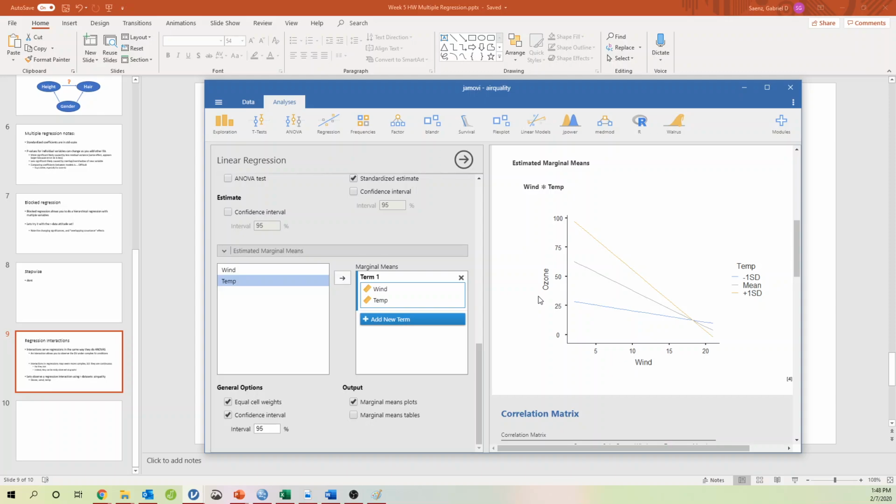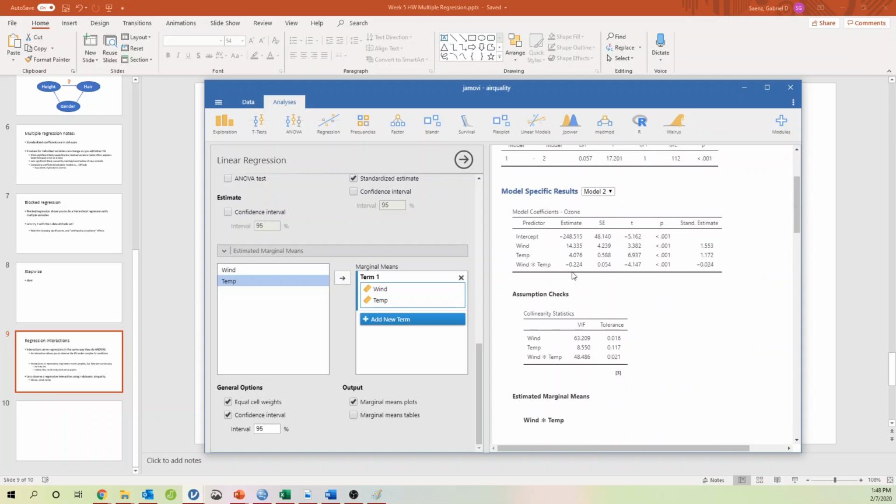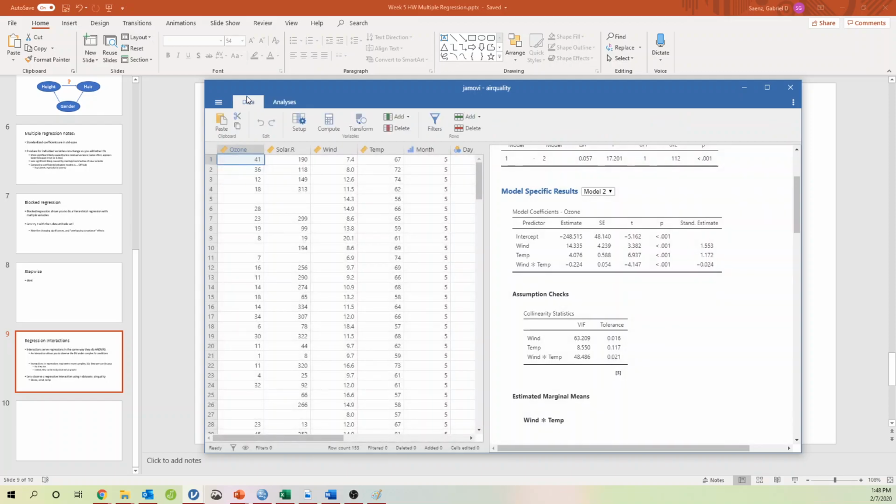Last quick thing I'm going to show you, something I mentioned in a previous class, just as a proof of concept. An interaction is, in essence, just the independent variables multiplied. So if I go over, I'm going to multiply wind and temperature.